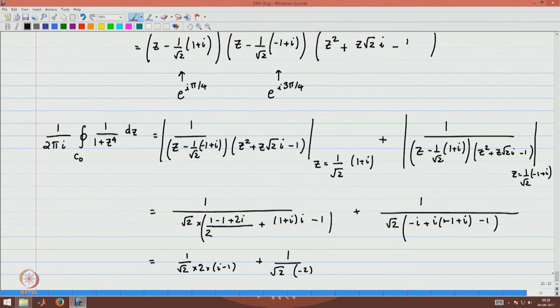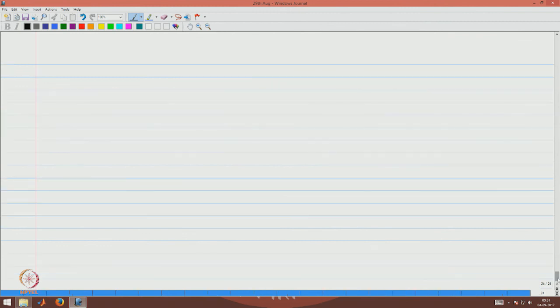So, this is basically your root, and you can simplify this, and 2 root 2, and you have 1 over i minus 1 minus 1. So, this is the basic idea.